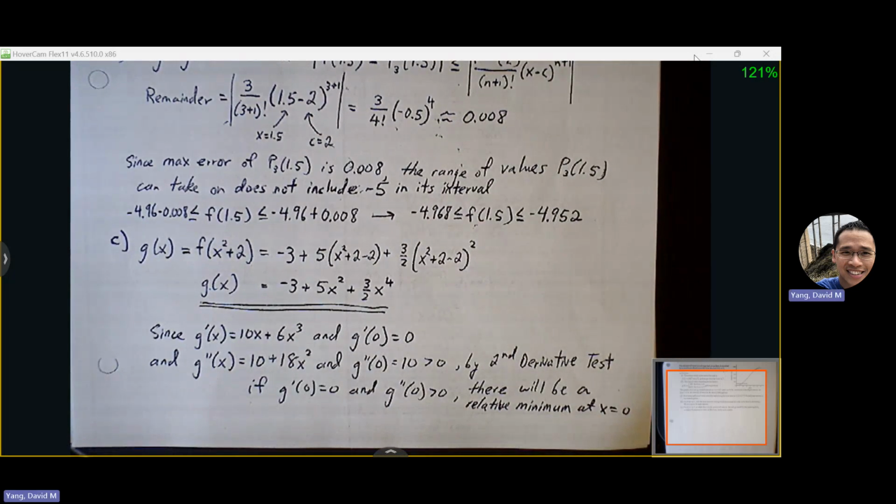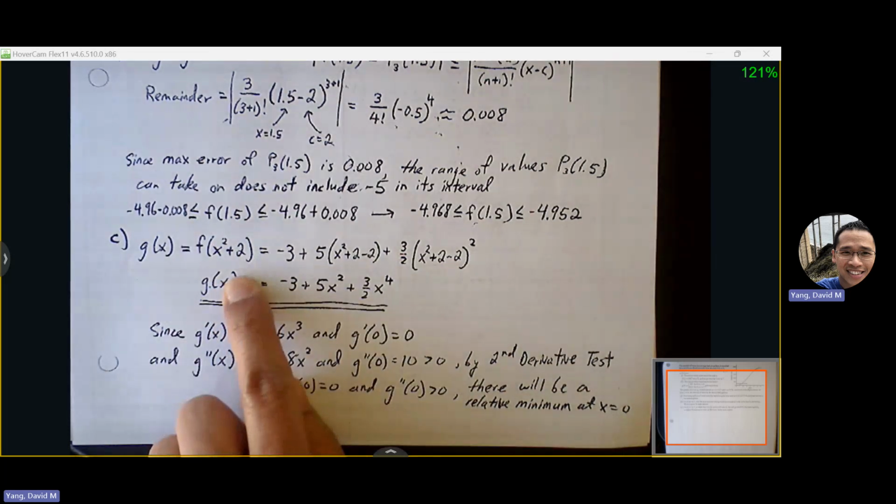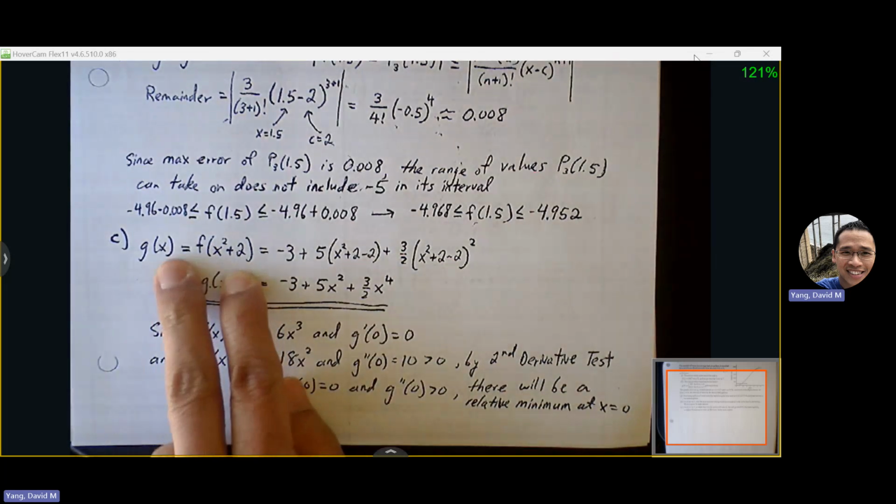Okay, part C, write the fourth degree Taylor polynomial for g of x. So g of x is f of x squared plus 2. Oh, it says write the fourth degree.